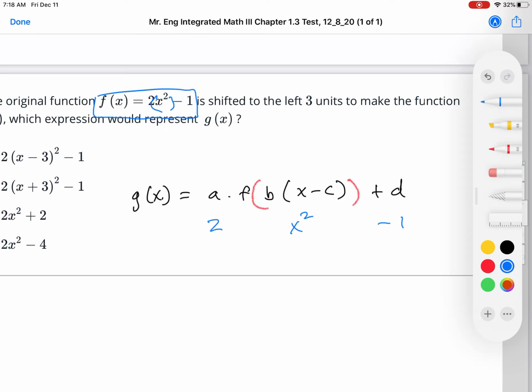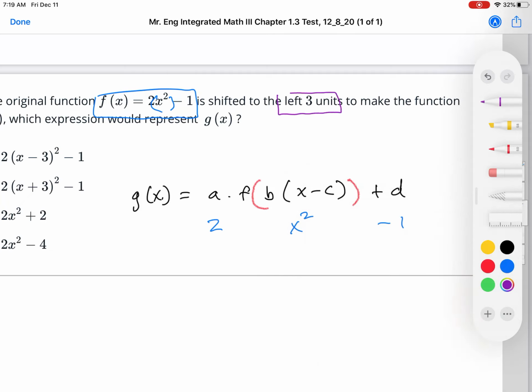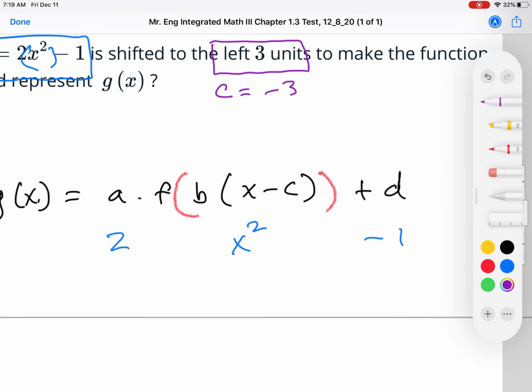Now they're asking us to do left 3 units. This would be our c value, and this would be a negative 3, okay? Hopefully I can do this super slow and obvious, because if I put a c value of negative 3, this is what students mess up on, is that there's always this negative sign.